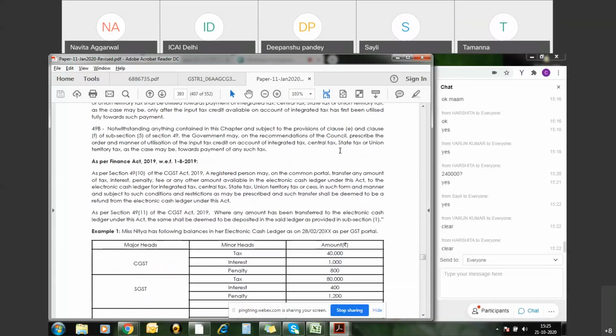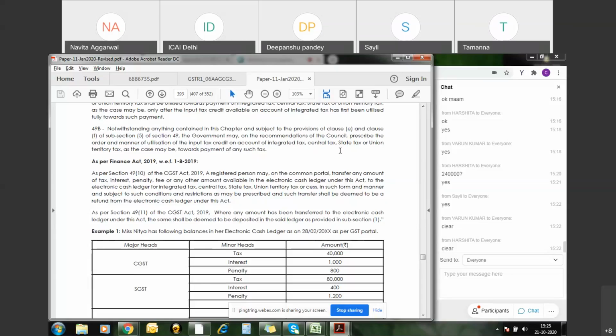Subsection 10 of section 49 of the CGST Act states that a registered person may, on the common portal, transfer any amount of tax, interest, penalty, fee, or any other amount available in the electronic cash ledger under this Act to the electronic cash ledger for integrated tax, central tax, state tax, or union territory tax, or cess in such form and manner and subject to such conditions and restrictions as may be prescribed, and such transfer shall be deemed to be a refund from the electronic cash ledger under this Act.